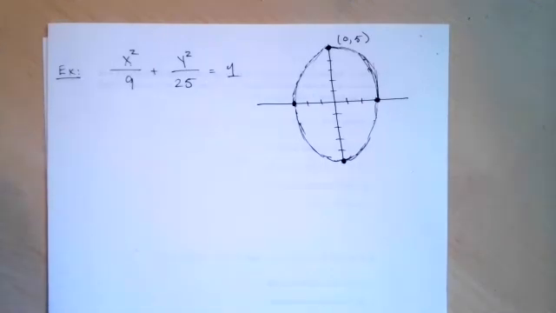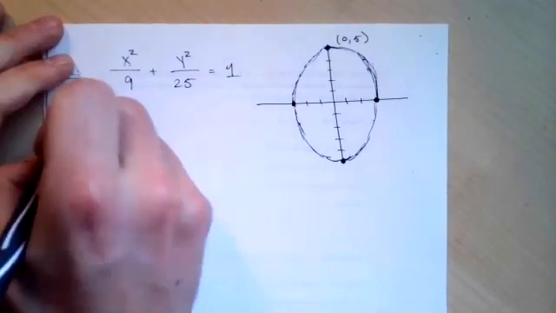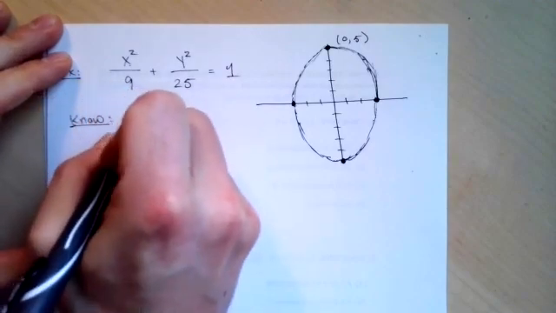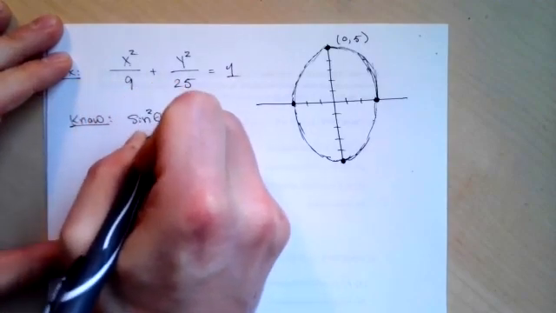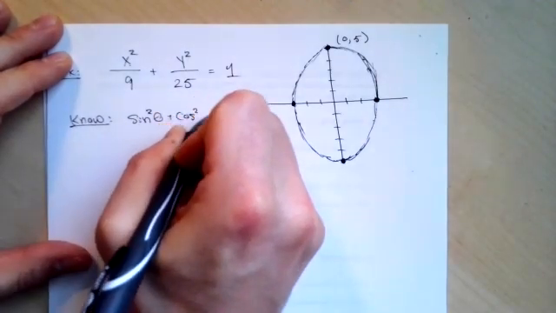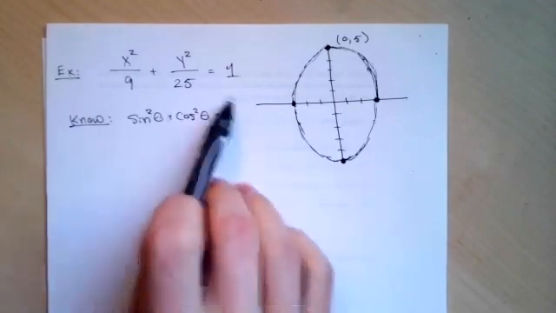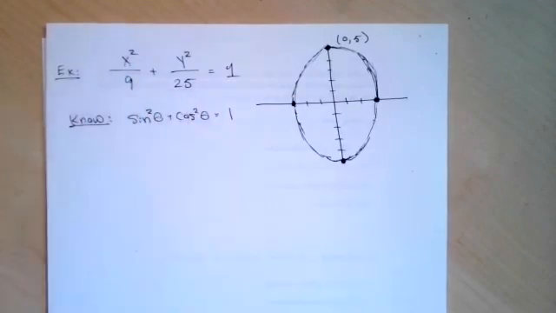And why sines and cosines? Because we know sine squared theta plus cosine squared theta equals 1. And that overall form looks very close to this equation we have. We just have to make sure we make the right substitutions.